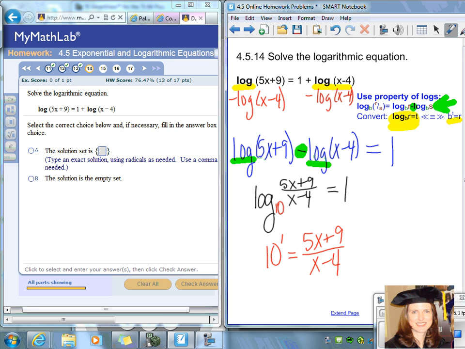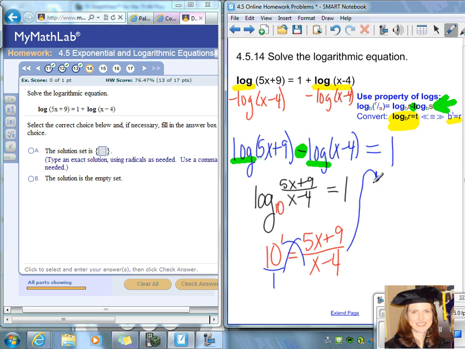We can solve this equation by cross multiplying. You have a fraction on the right, and 10 to the first you can write as a fraction on the left. When you have a fraction equal to a fraction, you can solve by cross multiplying. We can say 10 times x minus 4 has to equal 1 times 5x plus 9.